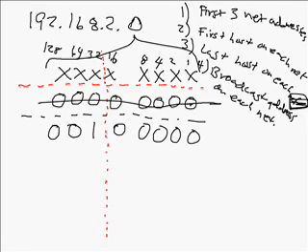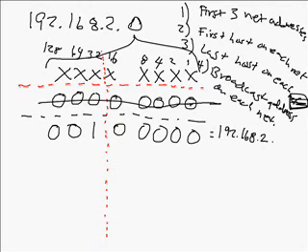Let's write our number line down in case you need a little help remembering your binary number line. 001, 0, 0, 0, 0, 0. What does that equal? Well, we know it's 192.168.2, because that's not going to change ever in this problem.